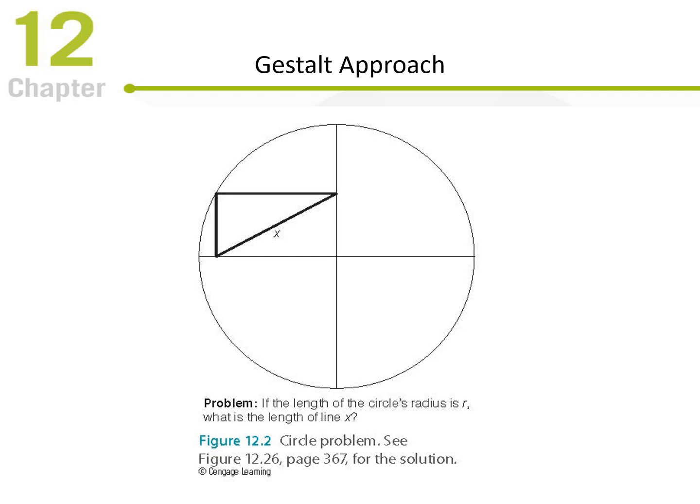So this is the circle problem that I mentioned on the last slide. Now this full problem is laid out in your text, and you can actually work this problem out if you'd like to. But the idea is that this problem can be very difficult to solve until you change how it's represented. Now you see the circle, and you see the crosshairs here, and you see a triangle.